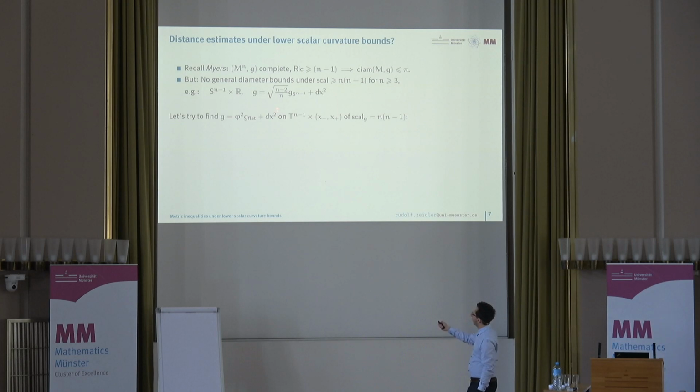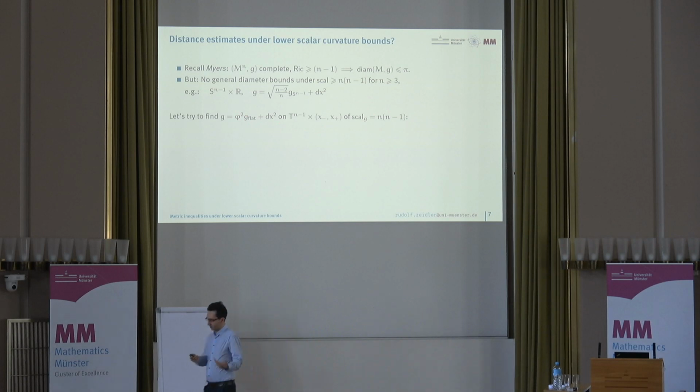So you can try to find metrics on the torus times an interval just by doing this warped product construction, say, where you take any function phi, which is defined on an interval, and you rescale the flat metric on the torus in this way. And you want to achieve that the scalar curvature is equal to some constant, say.